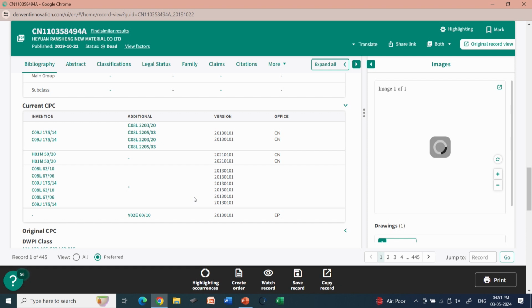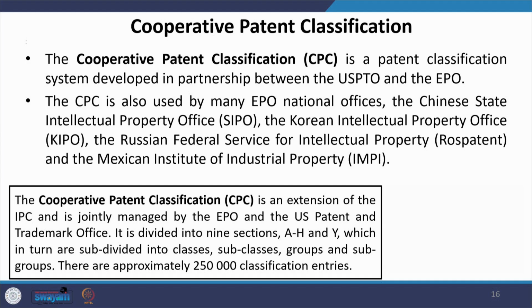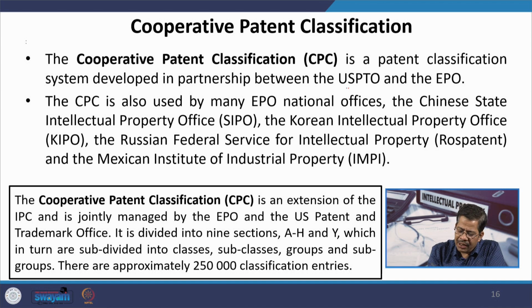If I talk about CPC, we can go to the PPT and see that the CPC is basically developed in partnership with USPTO, the United States Patent Office, and the European Patent Office. These two offices, in their collaboration partnership, developed this CPC system.